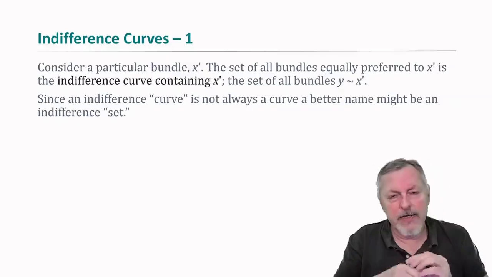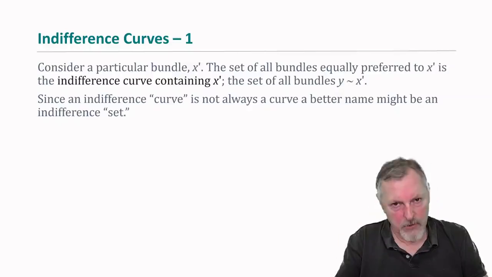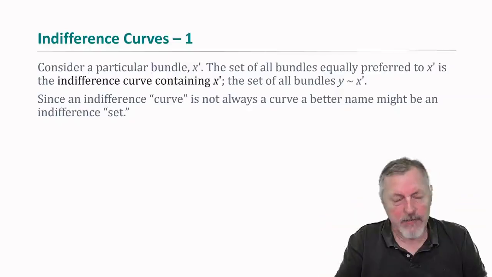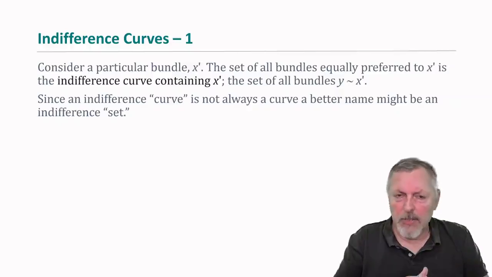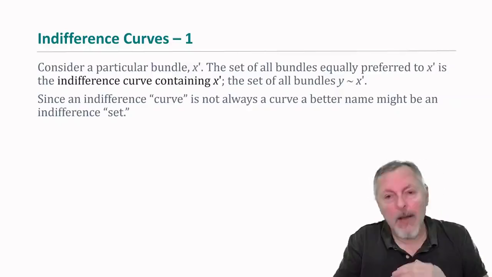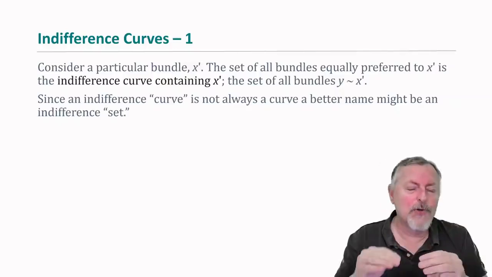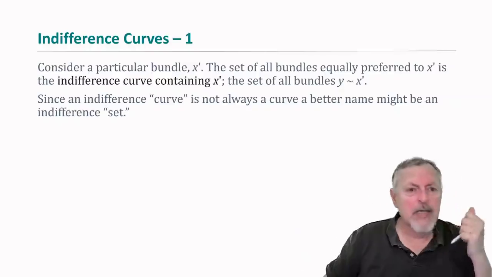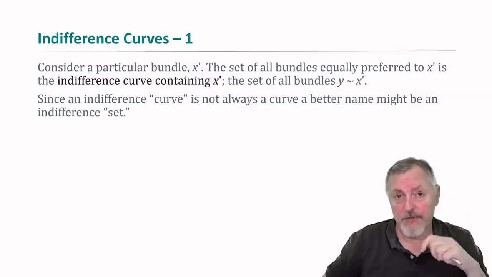The reality is it's taught a particular way on the undergraduate level because that's the easy way to do it. It's kind of the only way to do it without getting into multivariable calculus. But I'm going to try anyway to show you a little glimpse of the truth behind the curtain. Indifference curves. This is one of the most important concepts in this course.